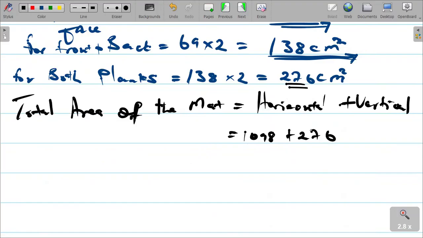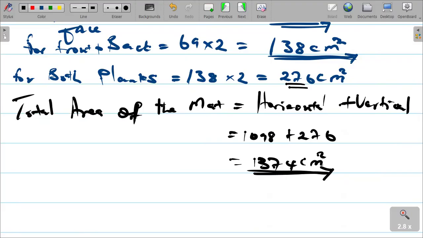When we add this, we get 1374 square centimeters. Don't forget that our units are still the same. But we are not yet done.